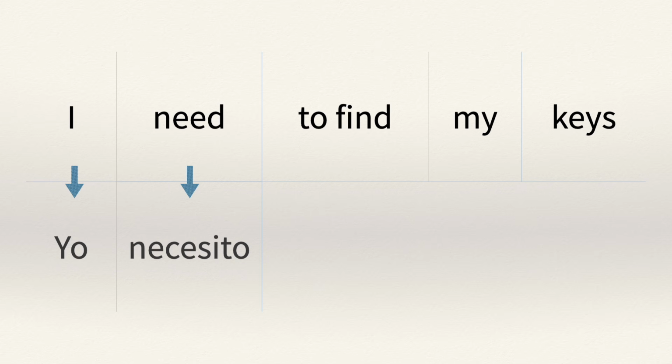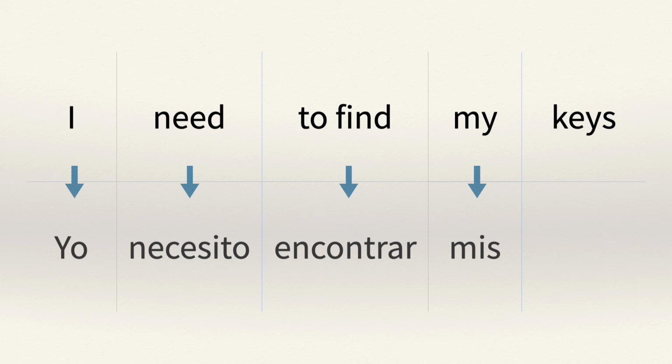To find, that's the infinitive verb, encontrar. In this case, my is going to become mis because keys is in plural. How do you say keys? Llaves. Yo necesito encontrar mis llaves. Go ahead and say it. Yo necesito encontrar mis llaves.